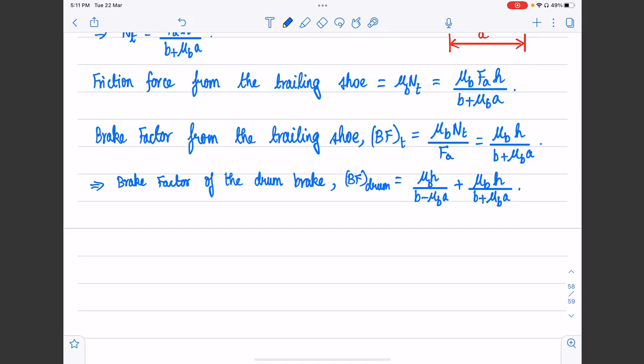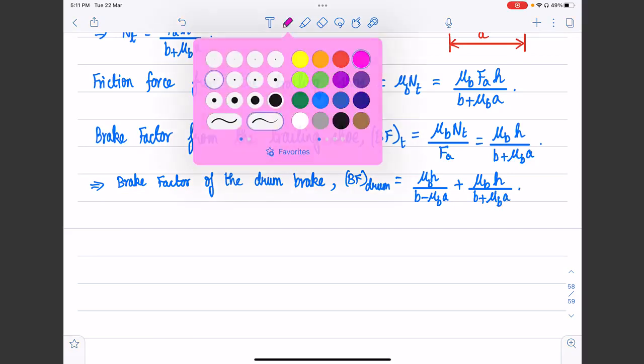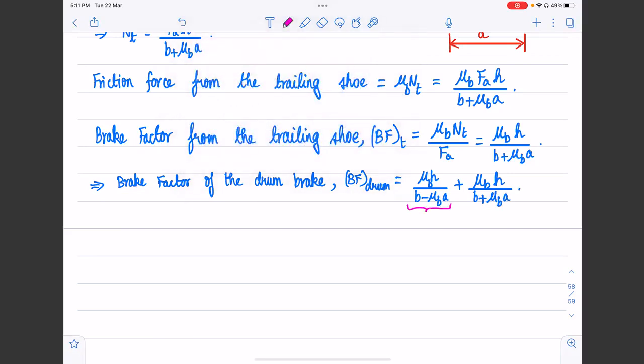Those are the two terms. If you were to mark it very clearly, this is the contribution from the leading shoe, and this is the contribution from the trailing shoe. And that is going to be the total brake factor of the drum brake. All right.